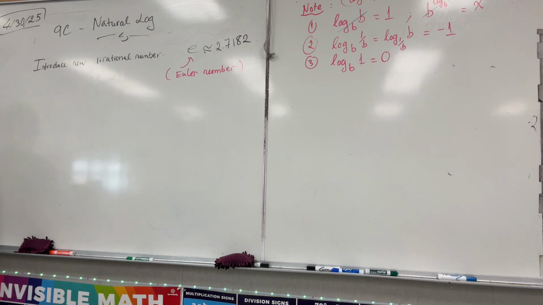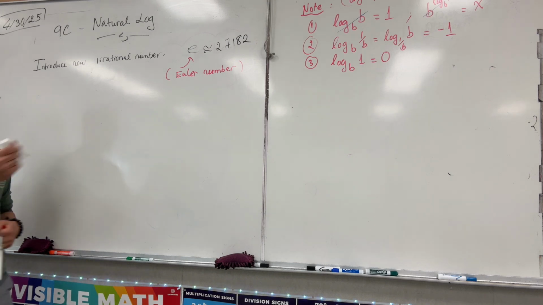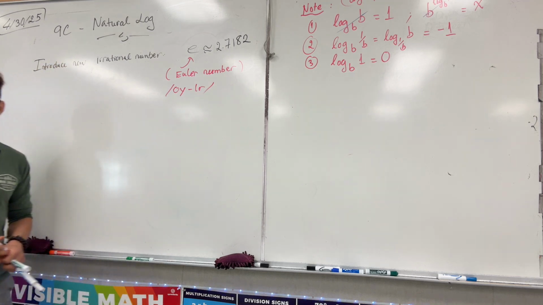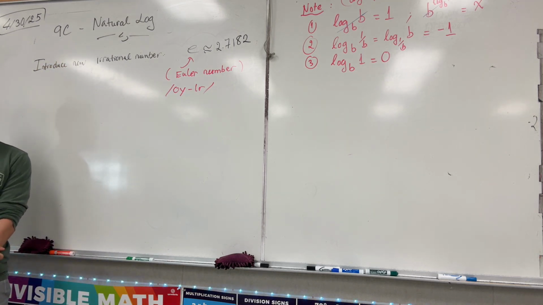Euler. That's how you read it. What is Euler? Euler is the name of a person. It's a mathematician.